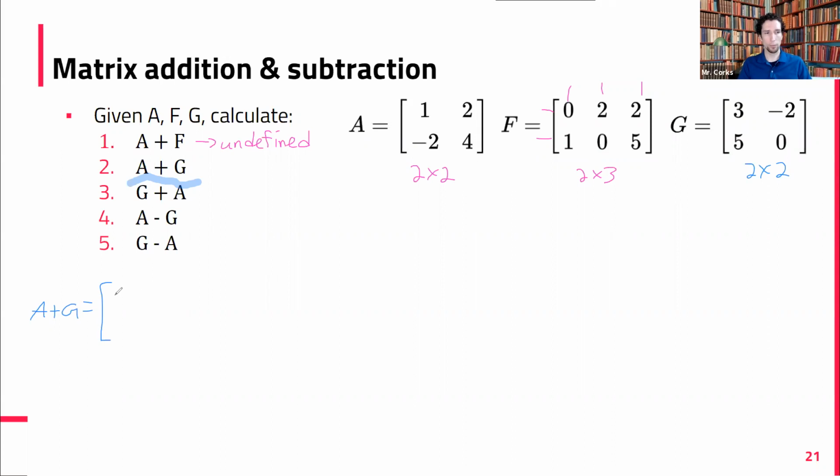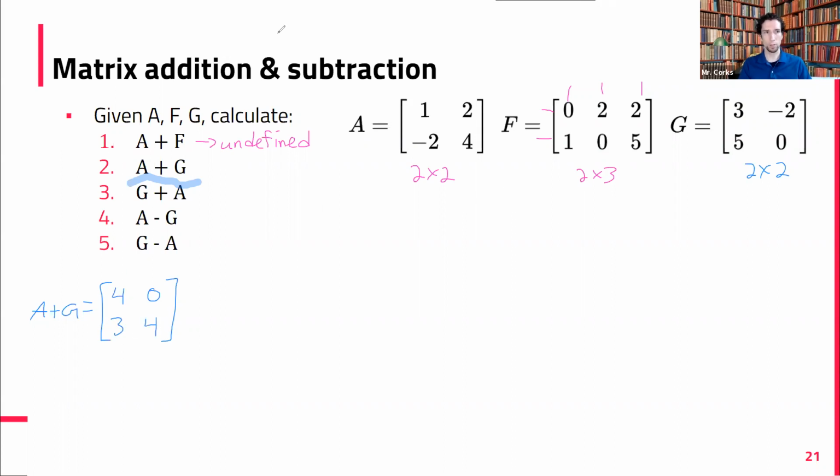Tell me what the first row would be of our resulting matrix. 4, 3. 0, 4. And next row, 3 and 4.